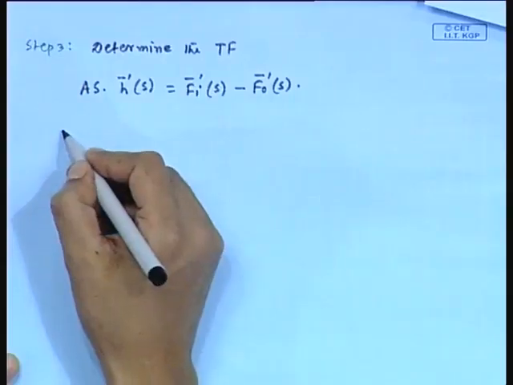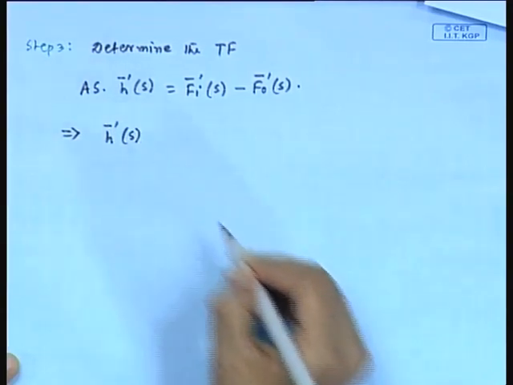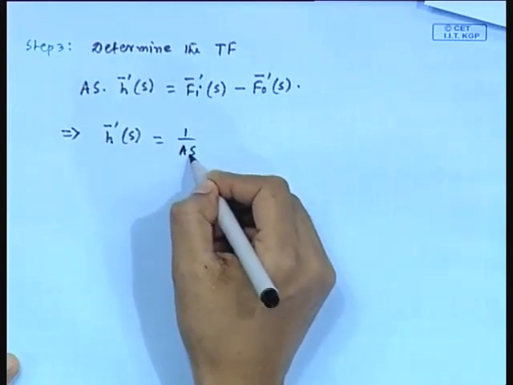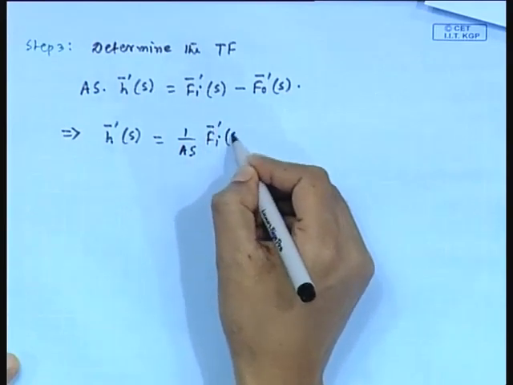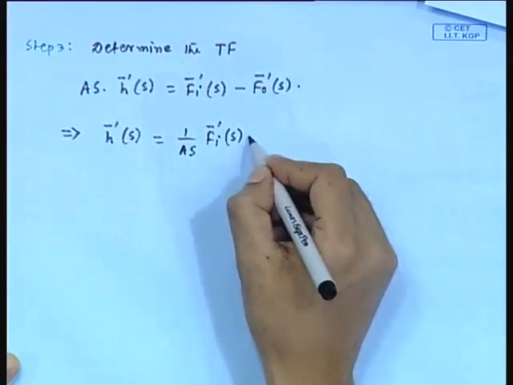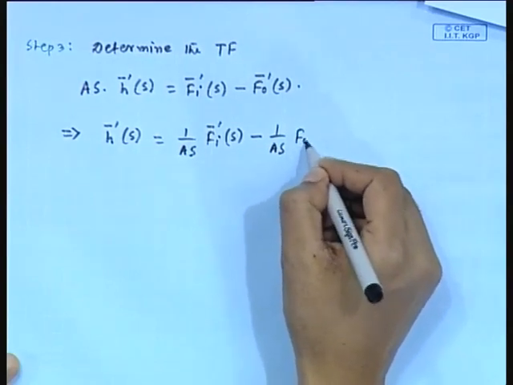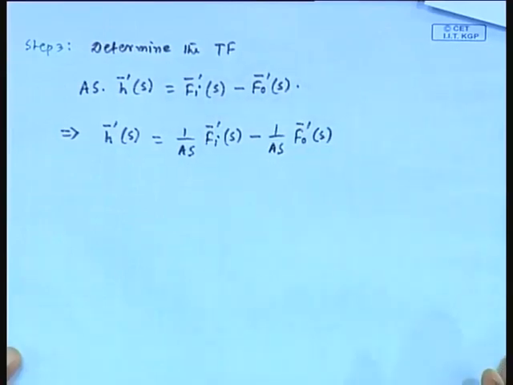Now, if we rearrange this equation, we get h bar prime s equal to 1 by A s f I bar prime s minus 1 by A s f naught bar prime s, fine.